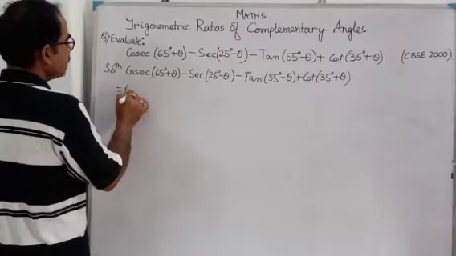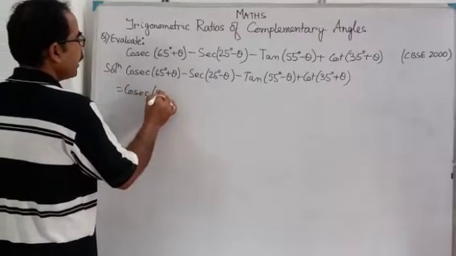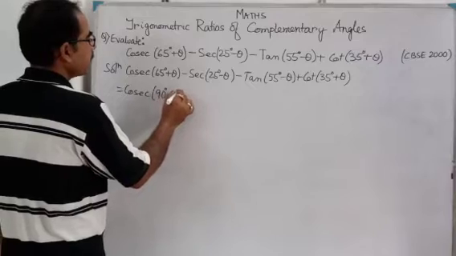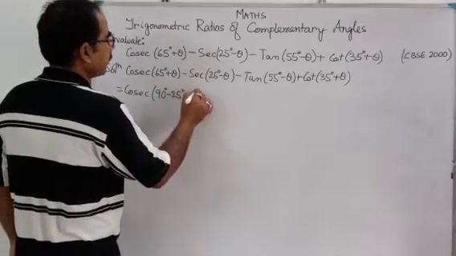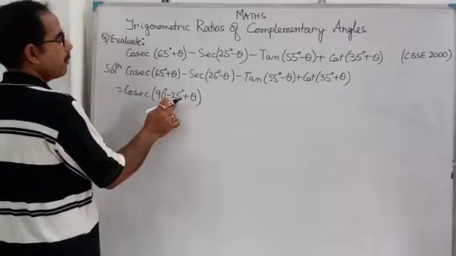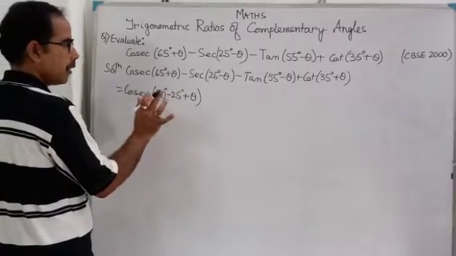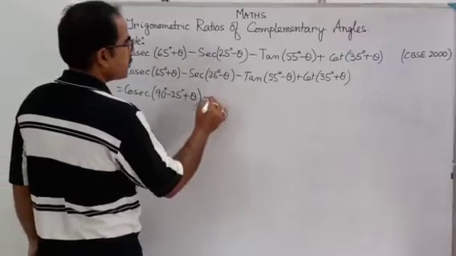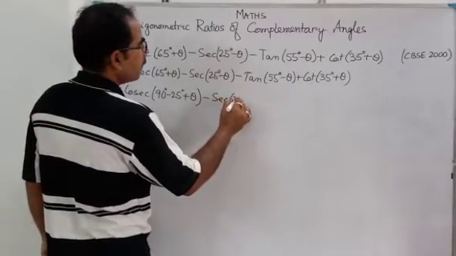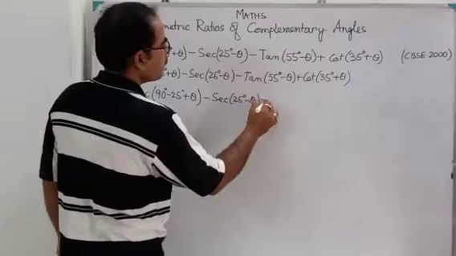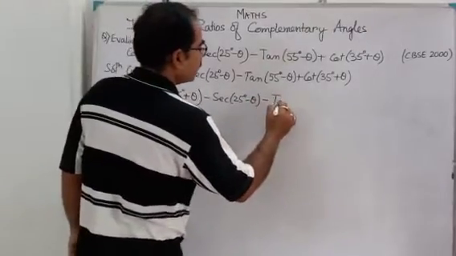Okay, now 65 can be written as cosec of 90 minus 25 plus theta, because 90 minus 25 degree equals 65 degree. Tell me yes or no. I can write in such a format. Yes. Okay, now no need to change this one: sec 25 degree minus theta minus tan.